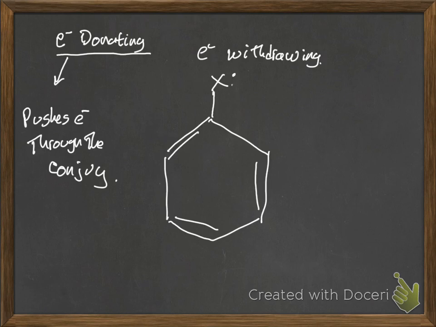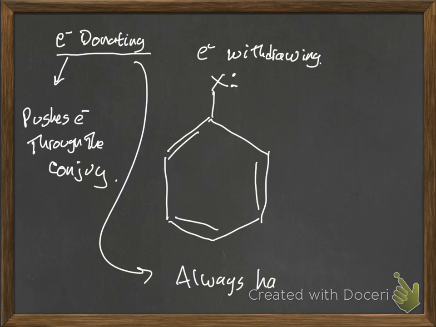Let's look at our example here. All right? So we shove electron density in. The thing about electron donating groups is they always have a lone pair.